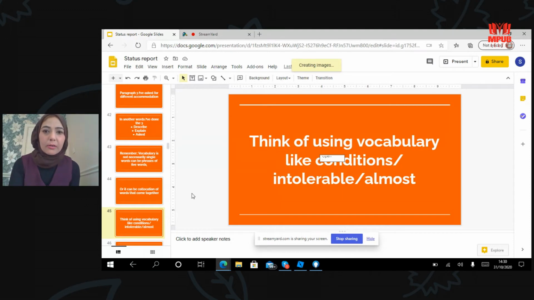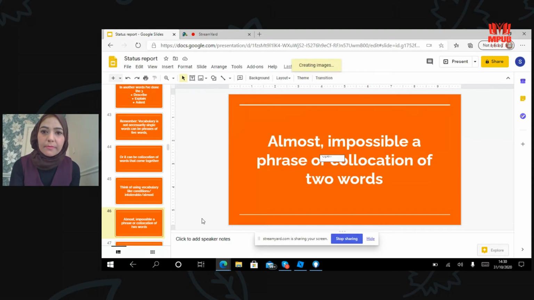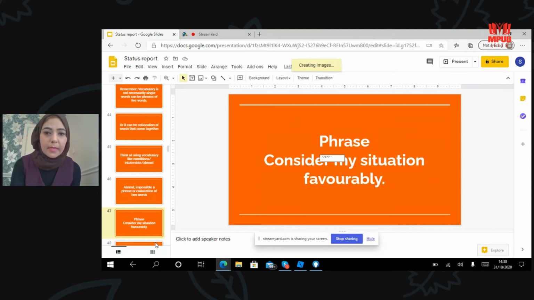I used condition, intolerable, almost, and I used them with confidence. And almost impossible, which is a phrase or collocation of 2 words. The phrase I used was consider my situation favourably. If you remember in my letter, I used this phrase, consider my situation favourably.